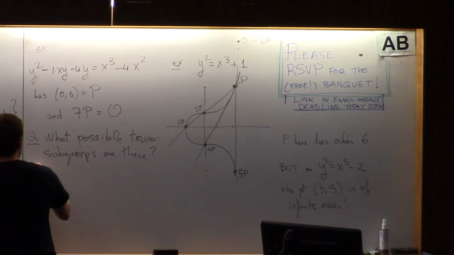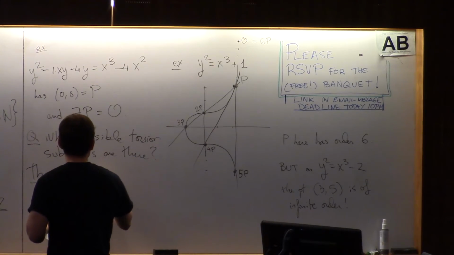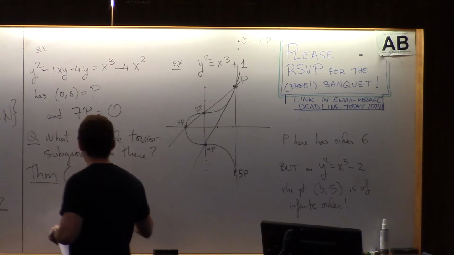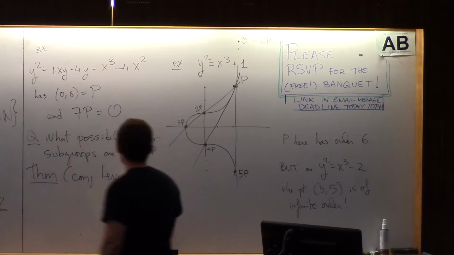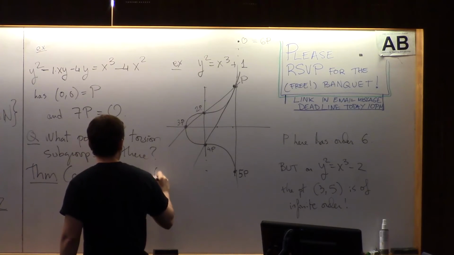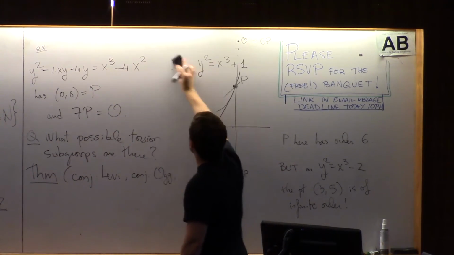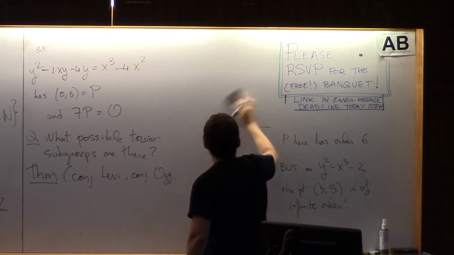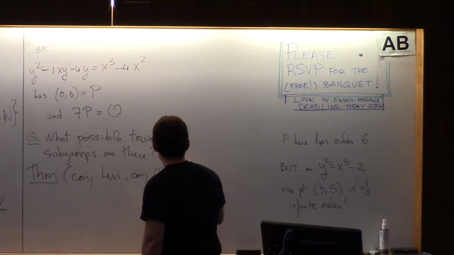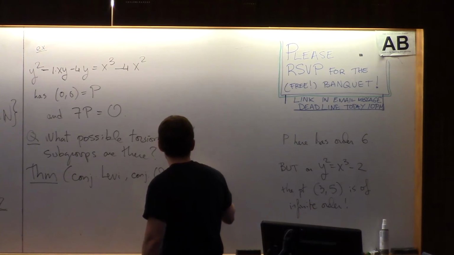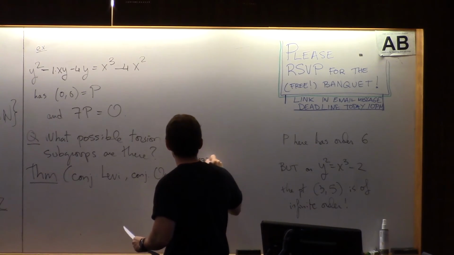As I said, there was a conjecture of Levi that people seem to have forgotten, and then it was conjectured again by Ogg, who actually had a lot to say about the classification of torsion points. And then we had to wait until Mazur from Harvard proved this in '77.